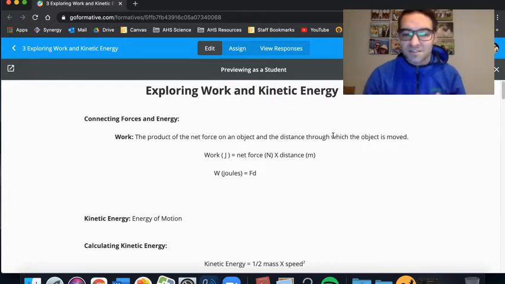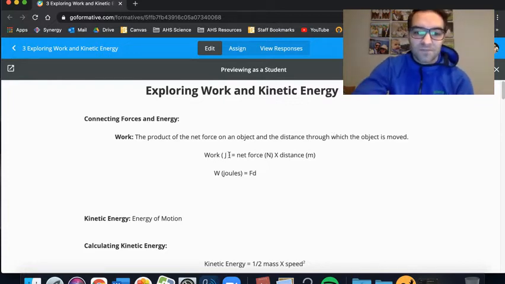So now it is a slightly different piece of information. And just like we did with energy, it also will be in joules. Okay, so work you'll see as W, the unit is going to be joules, and how you calculate work is going to be the net force times the distance in meters.